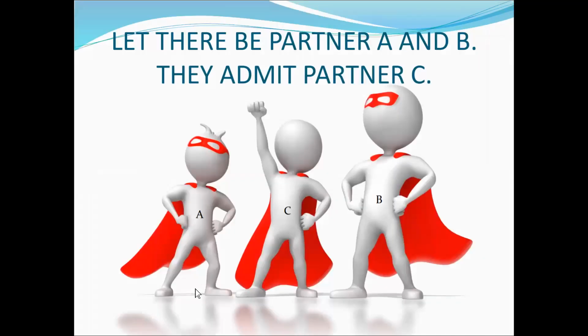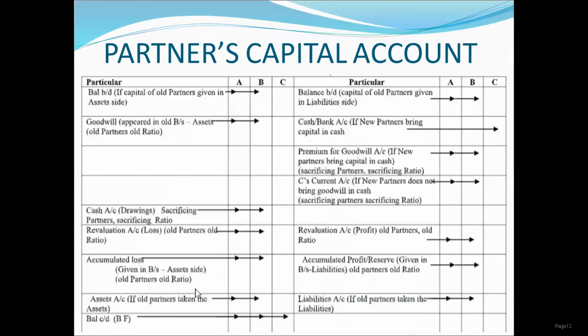Yes. Let there be partners A and B. They admit partner C. Partner's capital account. How do we create the partner's capital account? This one you already met in your basics, capital account. Okay, so capital account balance brought down, cash, new partner bringing cash in hand, premium of goodwill.